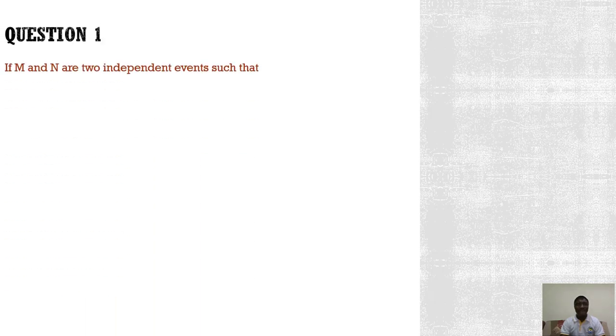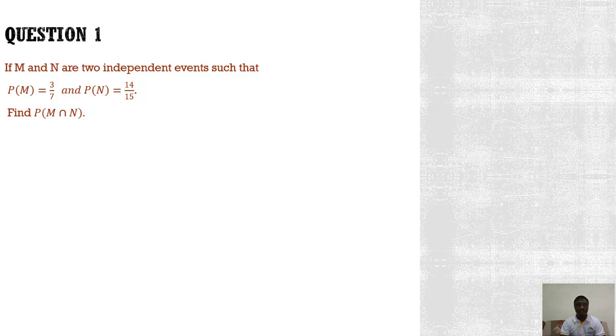If M and N are two independent events such that probability of M is equal to 3/7 and probability of N is equal to 14/15. Find probability of M intersection N.